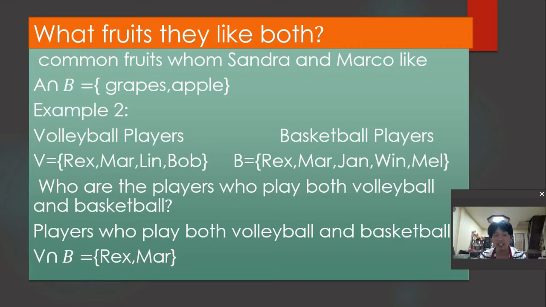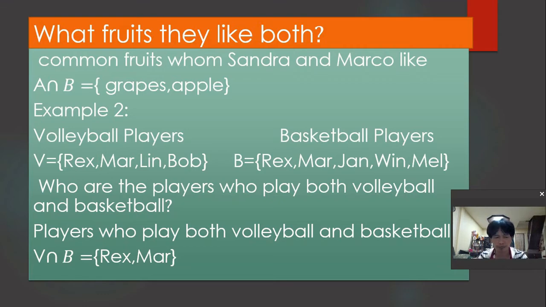Like Rex and Mar. Rex and Mar is in volleyball. Rex and Mar was also in basketball. So therefore, we will write only Rex and Mar because these names are listed in both games. We have to write only the common elements for intersection.